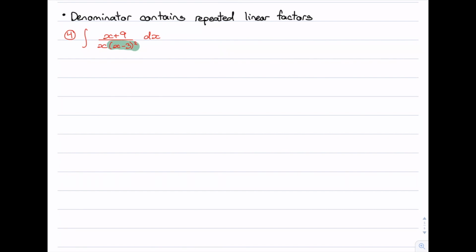Okay, so how do we do a partial fraction decomposition for this? Well, we start off with our integrand, (x + 9) over x times (x - 3)². And that's going to be decomposed into two fractions. One with the denominator x and the other with the denominator (x - 3)².